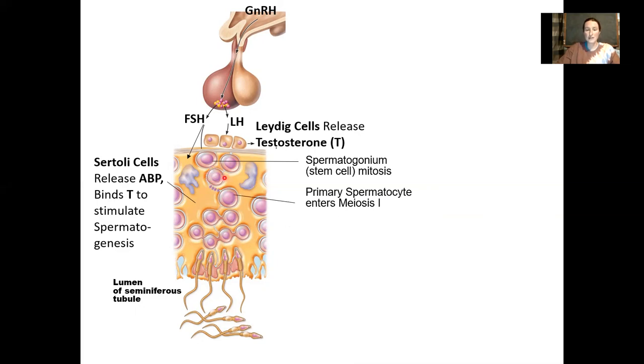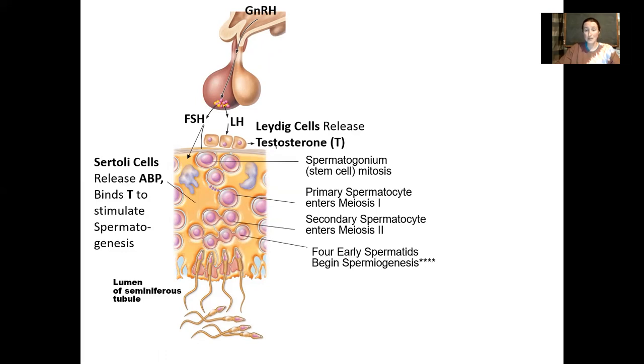One of the daughter cells after mitosis is going to proceed into the adluminal compartment. It is going to then be called a primary spermatocyte. It divides once in meiosis 1. Each one of these daughter cells divide again in meiosis 2. These early spermatids begin the process of spermiogenesis, that is changing shape from these nice little circles here to actually having all the components of a functional sperm.